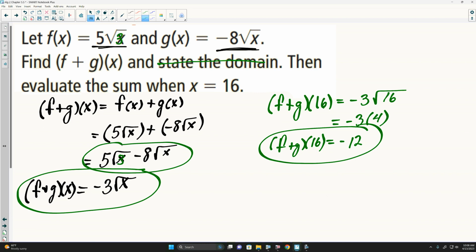Then in the other one, we would plug 16 in just for the x and simplify from there, which would end up giving us 5 square root of 3 minus 32, because the square root of 16 would still be 4. This here would be our answer, because we can't combine the 5 square root of 3 and 32 unless we turn 5 square root of 3 into a decimal and go from there. Does that make sense?